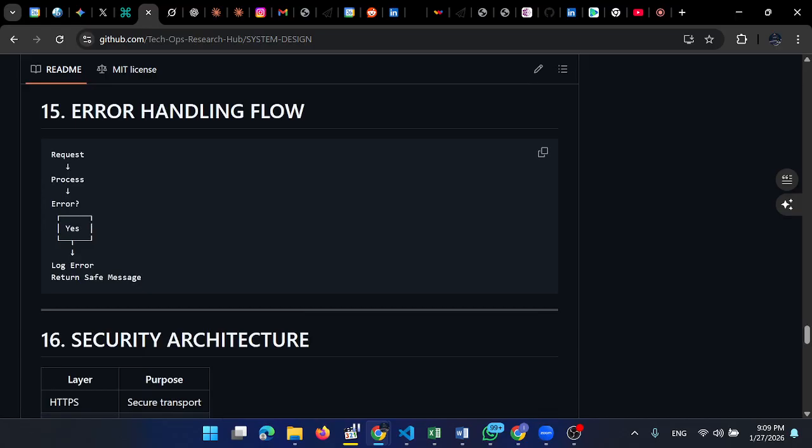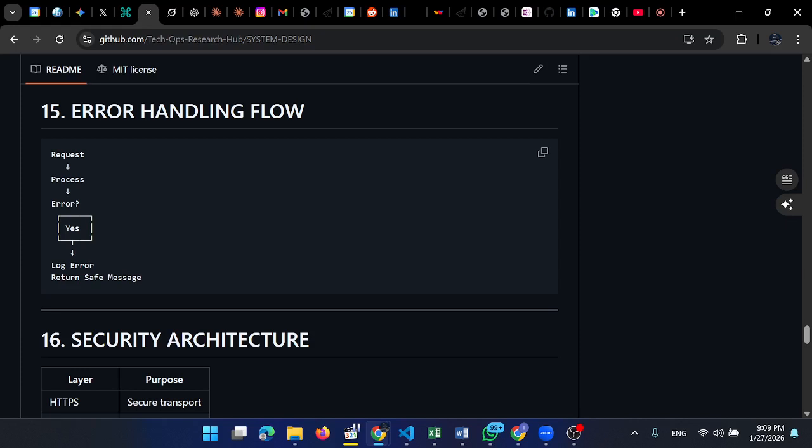And we have what we call error handling flow. Under error handling flow, we're talking about request, then process, then from process we get an error message, which takes you to log error, and then it asks you to return the safe message. How you handle your errors is very important.